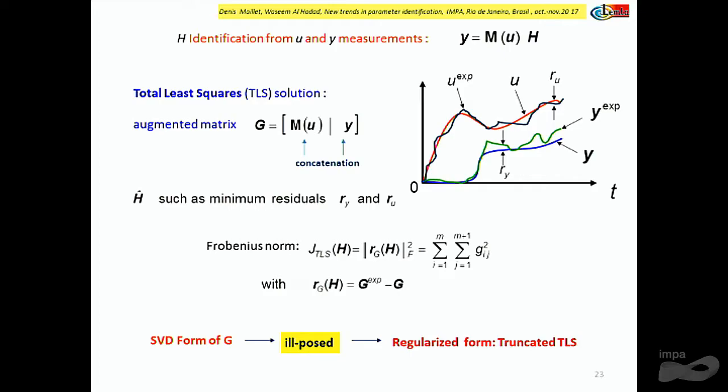I don't detail it, but this inverse total least squares problem is ill-posed. So we write it in the SVD form. We make a truncated singular value decomposition to regularize it, and using some manipulation, we get the estimation of the transfer function H.